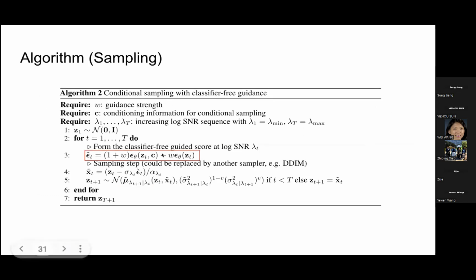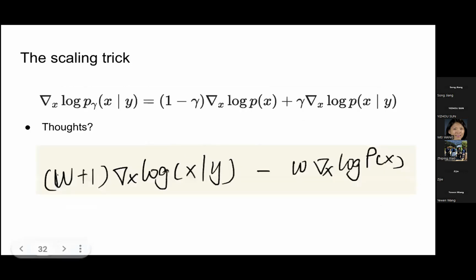So here we just follow this one to do the sampling, and the point is that we need to do two rounds of sampling. The first one is with the y, where C is y, the guidance, and the second is without, which means we replace the y with some specific notation, because we need both scores to do the sampling.